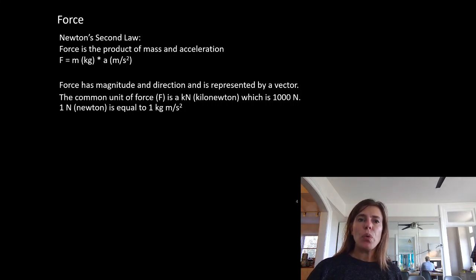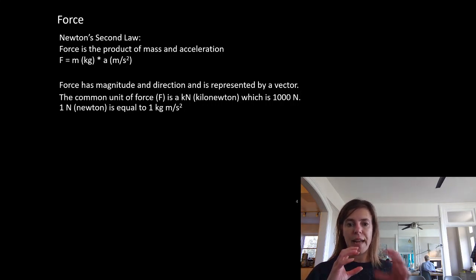The term newton comes from mass times acceleration. Don't worry about this too much, but it is 1 kilogram meter per second squared. So we have 1 kilogram of mass times acceleration, which is in meters per second squared, or meters divided by seconds times seconds.